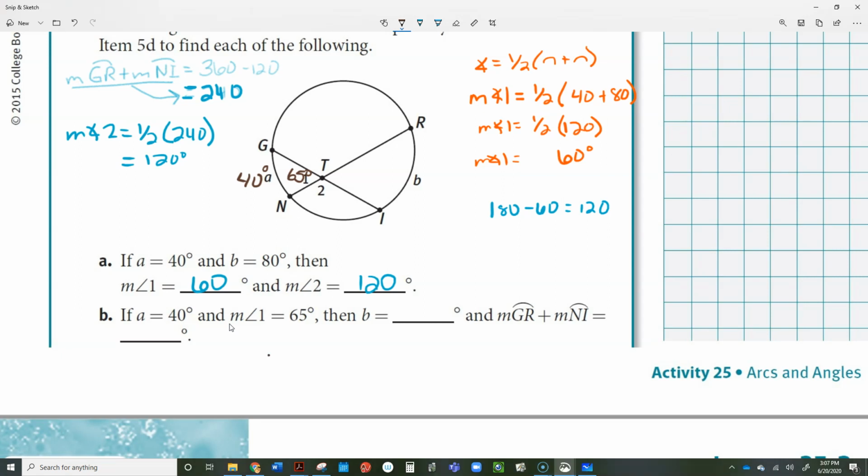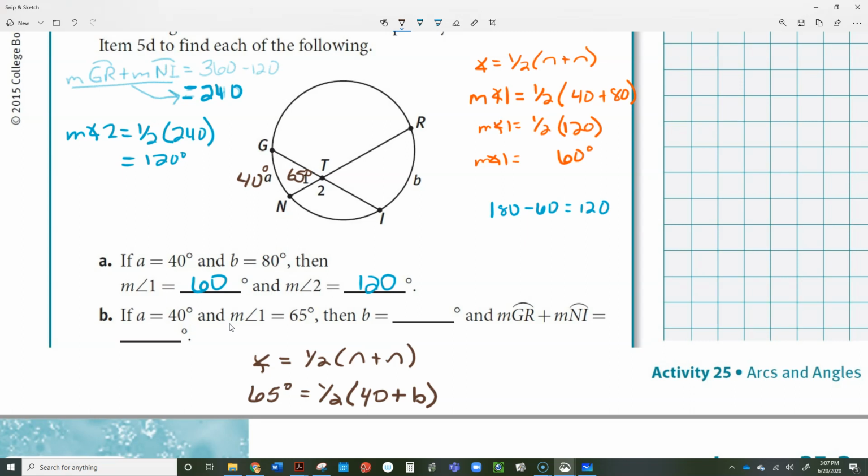Okay, we have a formula that says the angle is equal to half the sum of the arcs. I just keep going back to that over and over again. The angle right here is 65 degrees, and one of the arcs is 40, and the other arc is labeled B. So this is the equation that I have, and I have to solve it.